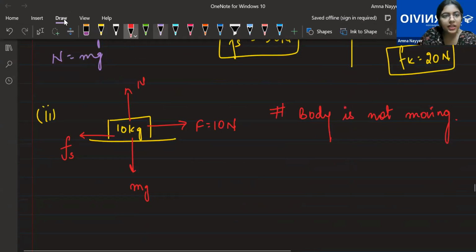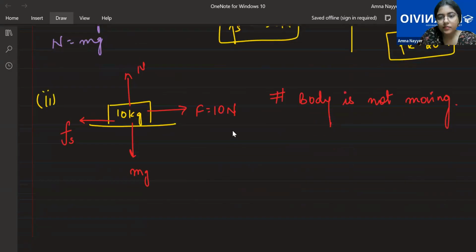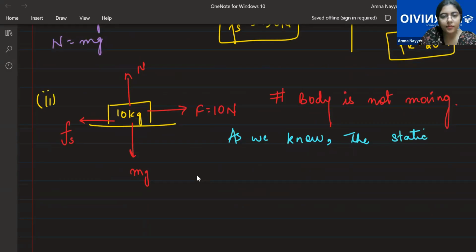So as we know, the static friction is a self-adjusting friction.